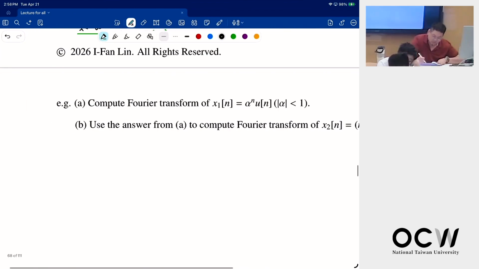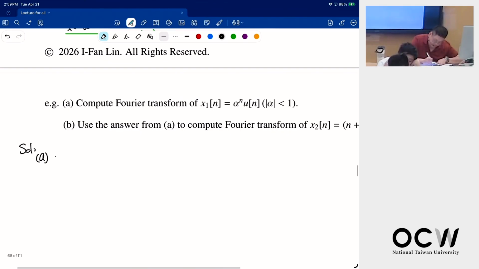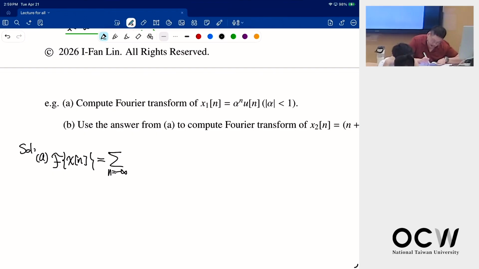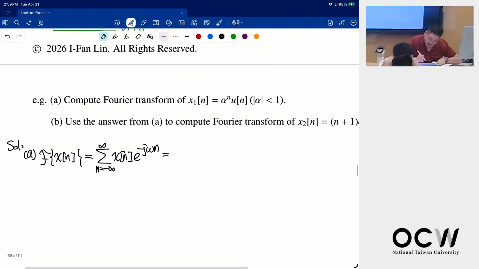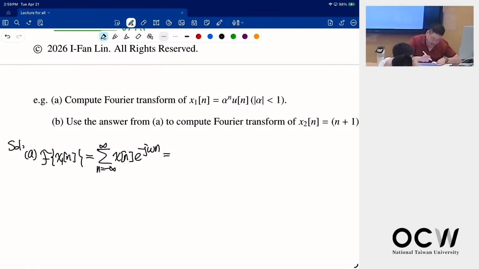So first, for the Fourier transform, that's the sum over n from minus infinity to infinity of x[n] e^(-j omega n). What is x1?